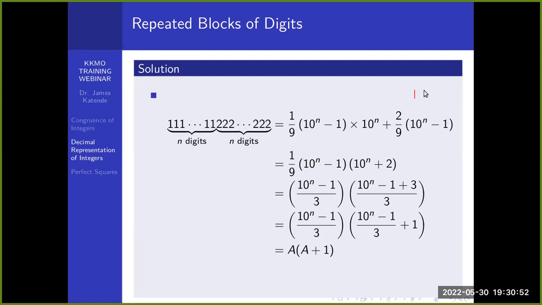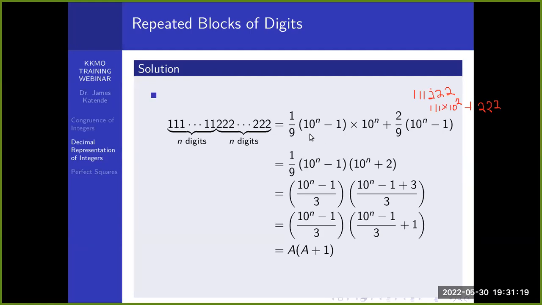So if I have 1, 1, 1, 2, 2, 2, I can write this as 111 times 10 squared, and then plus 222, right?